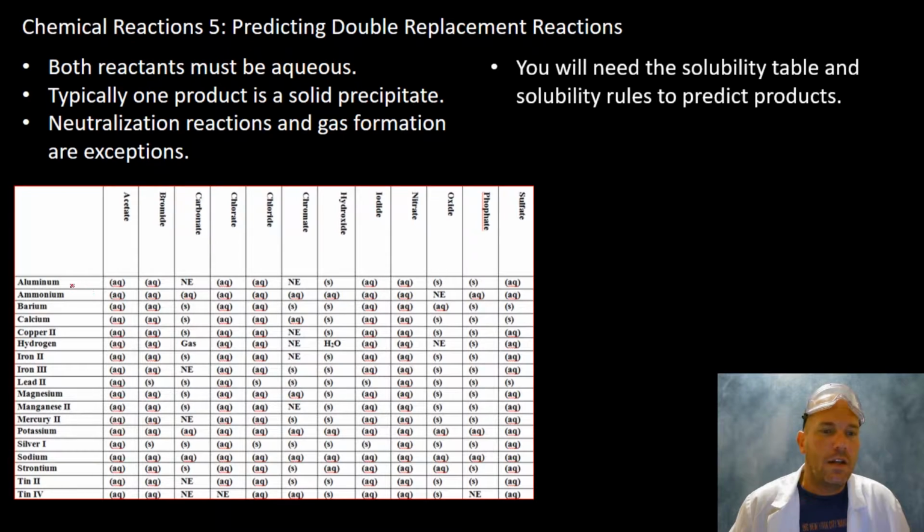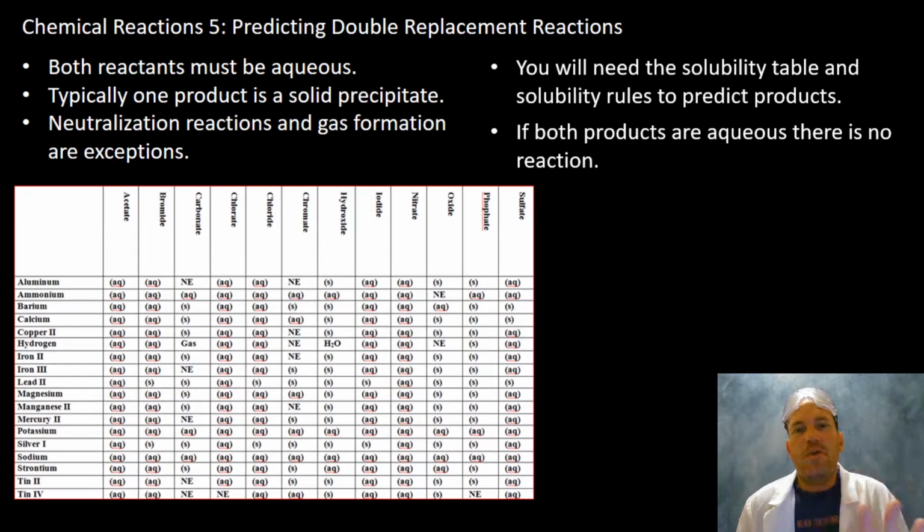You're going to simply find the cation and then follow across to the anion and see if they are present. And Ne means does not exist, Aq means aqueous, solid means precipitate, and of course L for water is liquid.